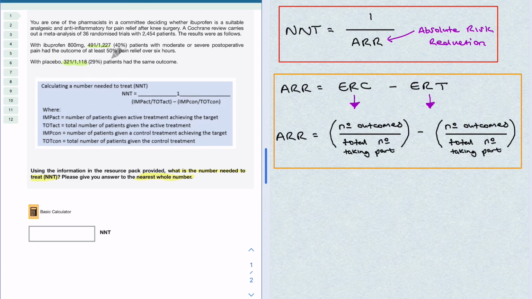Now, sometimes when it asks you for an answer for NNT in exam questions, they may automatically have calculated this value as a percentage for you. In some scenarios, they may not have calculated this value as a percentage for you. They may just give you here, for example, the number of people that took part in the study and the number of people that had an effect via either placebo or by the drug, and you will therefore have to use this equation to calculate your answer.